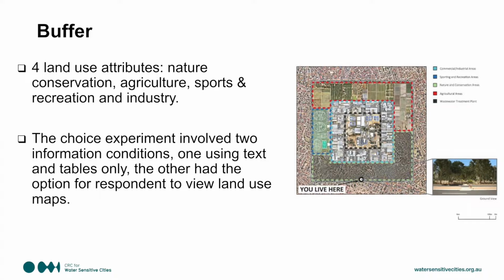We considered four land uses: nature conservation, agriculture, sports and recreation, and industry. And then we also looked at two kinds of treatment effects in terms of whether we present this land use information visually through maps, or not visually, which means just in a table saying that this is the land use mix for that buffer.